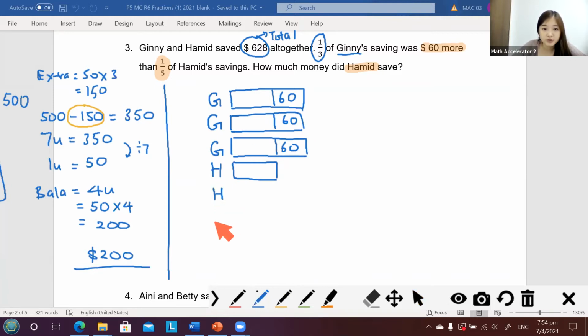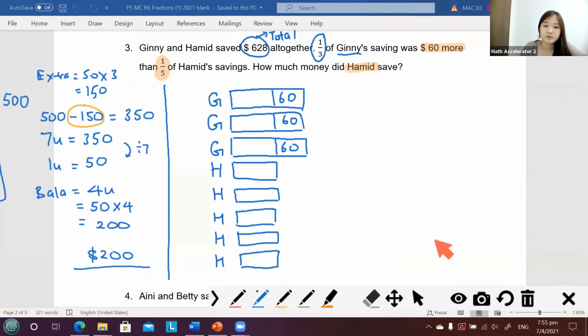So draw in another 4 more. 1, 2, 3, 4. So total you will have 5, right? You want 5 of it because we only have 1/5. So if you have 5 of it, you have 1 whole. Now this is going to be your 628.